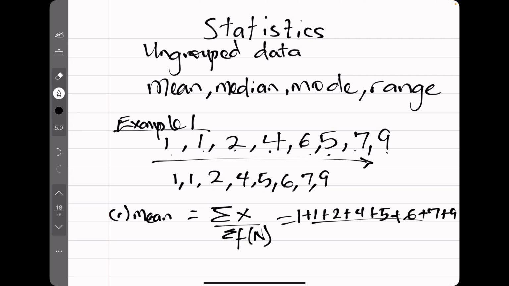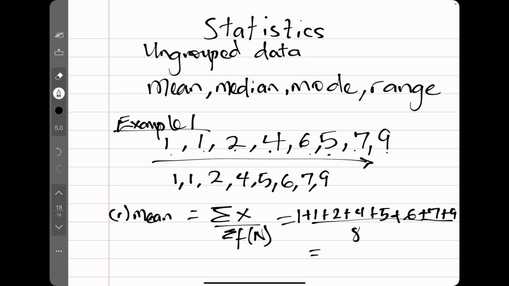I forgot to say initially that an essential tool in statistics is your scientific calculator, except you have a very, very good brain that thinks without the use of a calculator. So 1 plus 1 plus 2 plus 4 plus 5 plus 6 plus 7 plus 9 is equal to 35, over how many data do we have here? 1, 2, 3, 4, 5, 6, 7, 8.